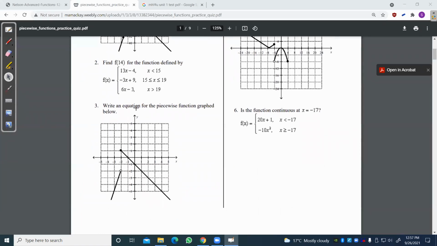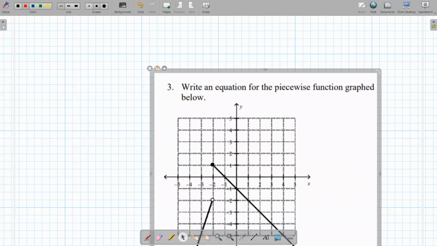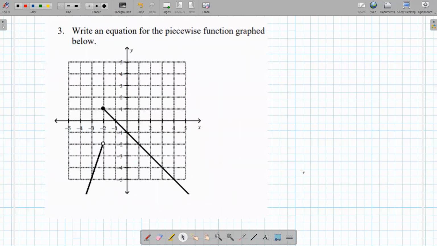All right, how about we do this? We're going to find the equation. So again, the rubric for a piecewise function f of x equals. You have this curly bracket, and then you have two conditions because there's two graphs.